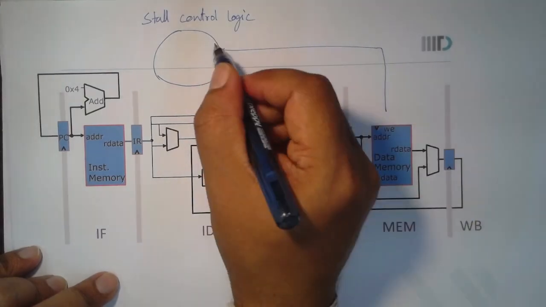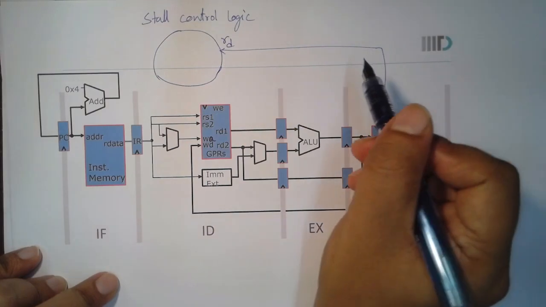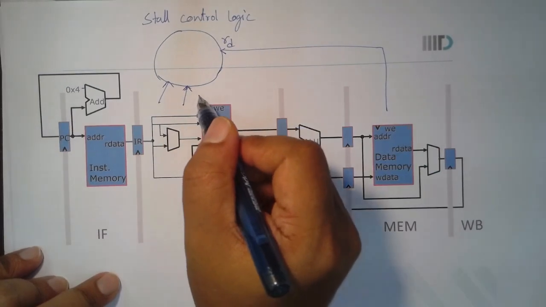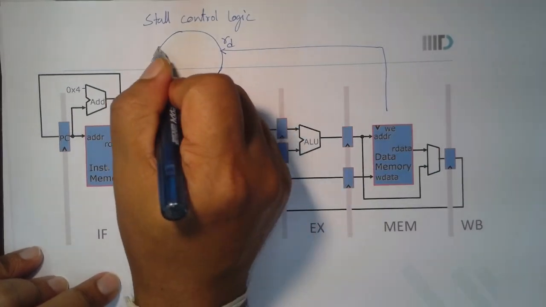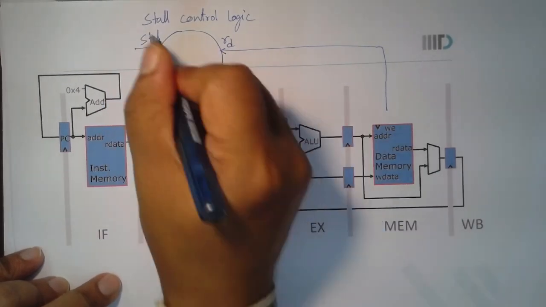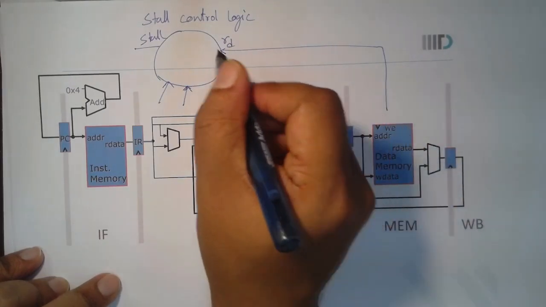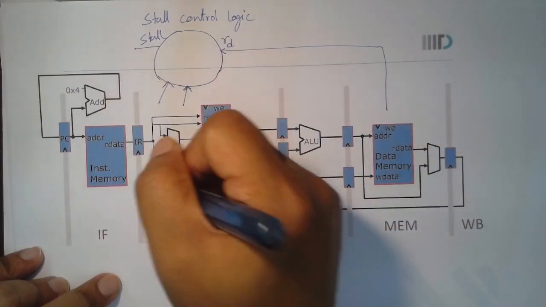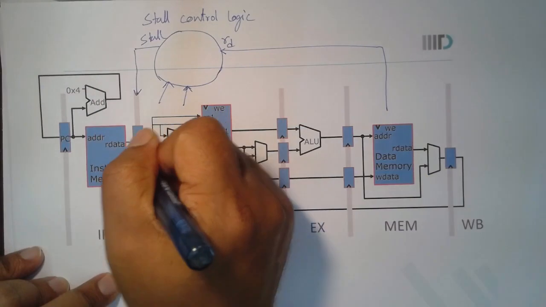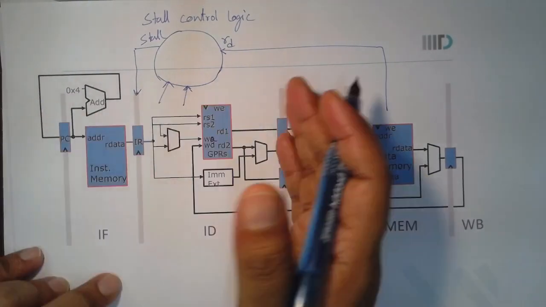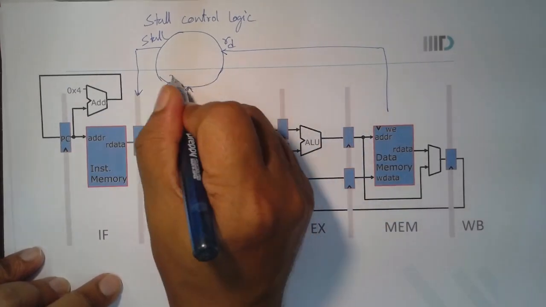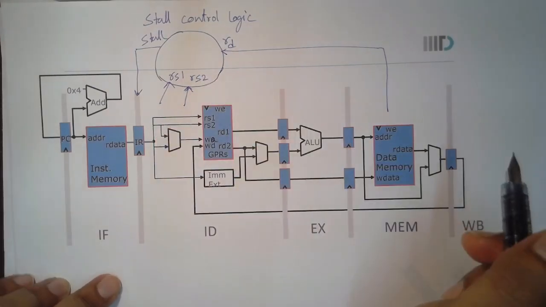This feedback value will tell you what the destination register is, and from here you will get the source information, and if they are the same, then you will generate the stall signal, and you will make sure that whenever this stall signal is high, nothing moves forward. So, you remain in this decode stage, and you do not allow the subsequent instruction to be pushed towards the decode stage. All right. So, this is very intuitively what the stall logic looks like.